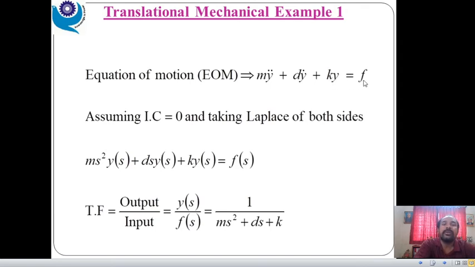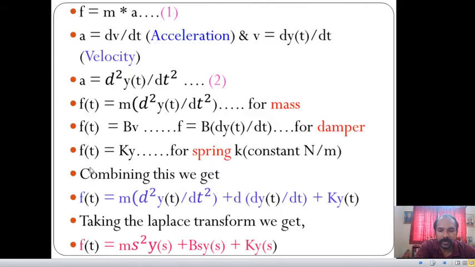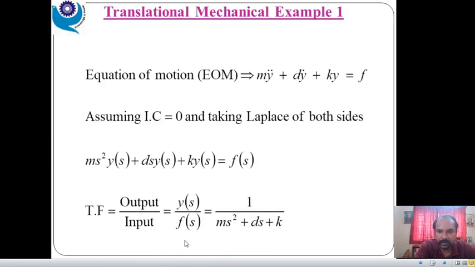Assuming initial conditions are 0 and taking the Laplace transform on both sides, we get m s square Y(s) plus d s Y(s) plus k Y(s) is equal to F(s).